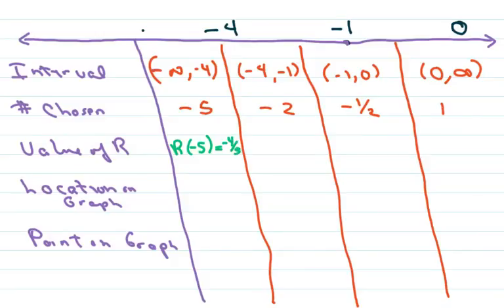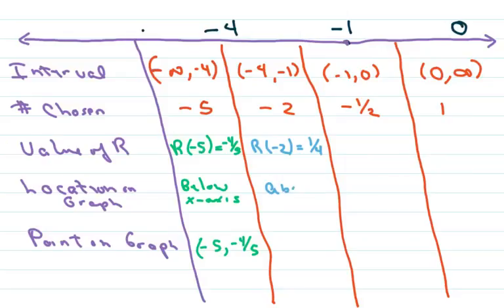The negative means that's below the x-axis, and the point on the graph therefore would be -5, -4/5. On this one I'm going to test r of -2. This equals 1/4. This is above the x-axis, and our point would be -2, 1/4.